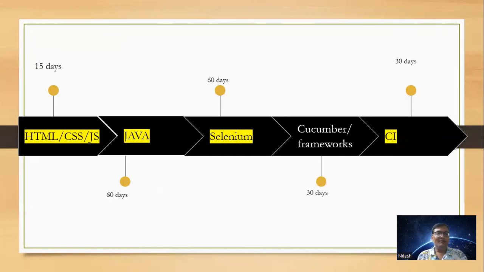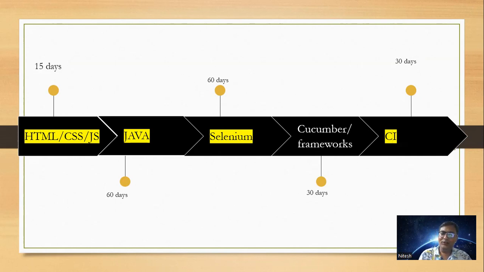But let's understand that ideally, if you want to learn these things properly, it will take time. If you are thinking that our sessions will be quick, like learn Selenium in 30 days or learn automation in 45 days, it's not like this.